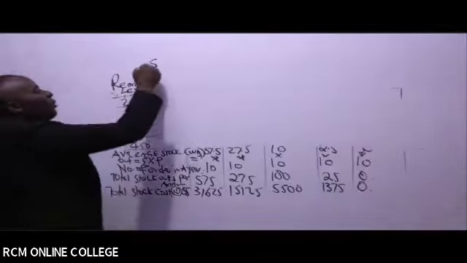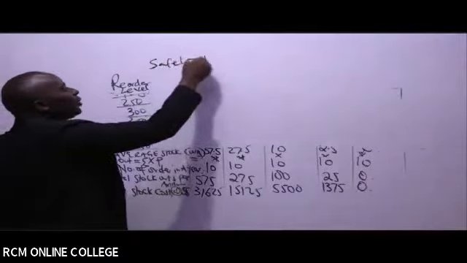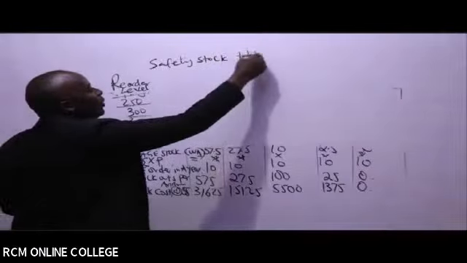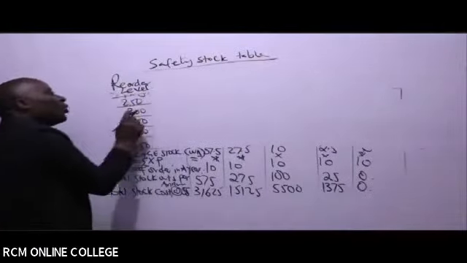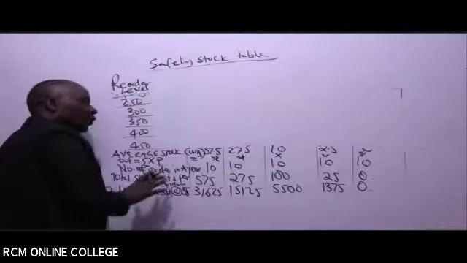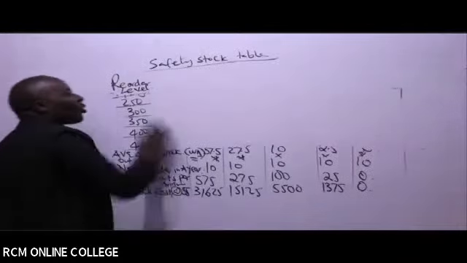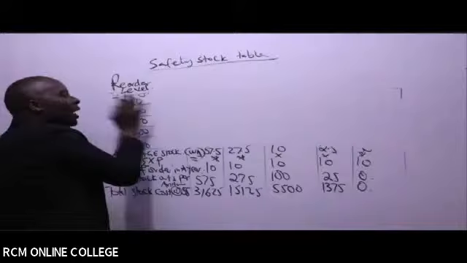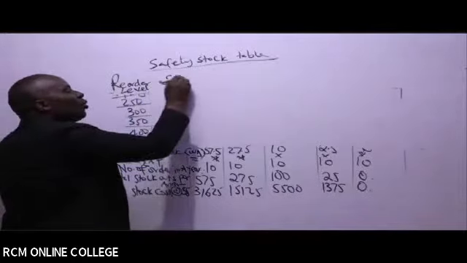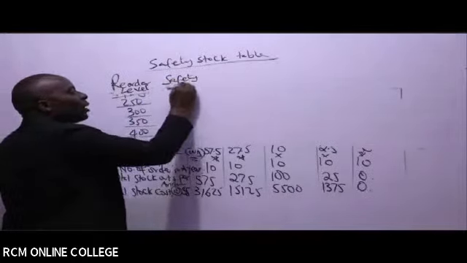So you're calling this table the safety stock table. The first thing we do is copy our demands or even our supplies, but we give you the title reorder level to give birth to what we call safety stock.